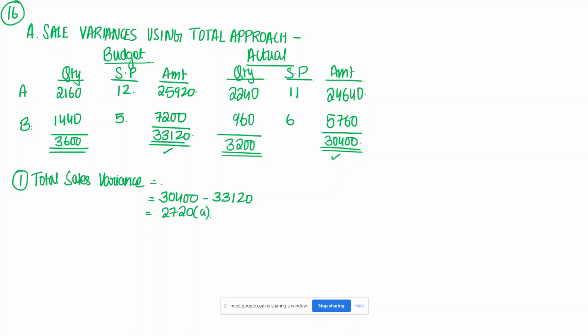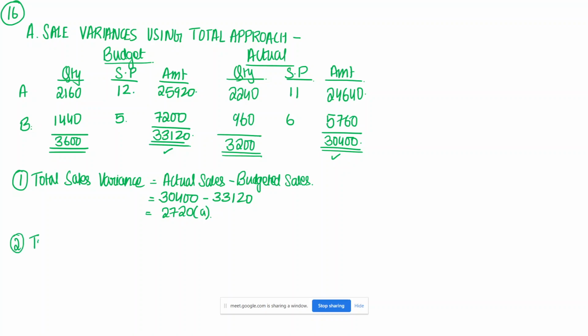What is 30,400? Actual sales minus the budgeted sales. Here it is opposite. Correct? Why? Because cost lesser is better, sales more is better. It is opposite.